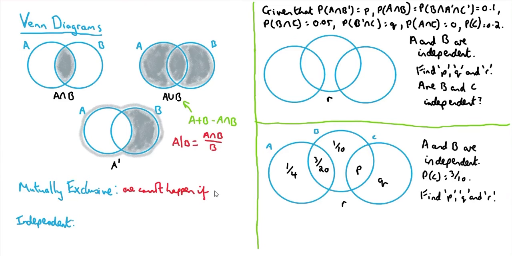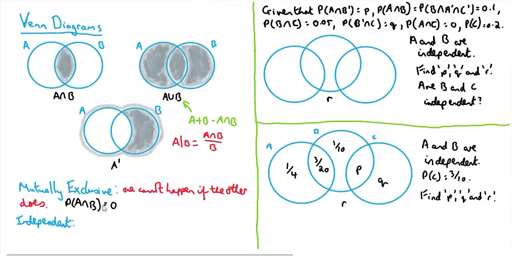So if you had two numbers and one of them was odd, you couldn't say that it is also even. Odd and even are mutually exclusive criteria. If this happens, then from a notation standpoint, we would be saying that the probability that there is an intersection between, in this case, A and B, that would be 0.